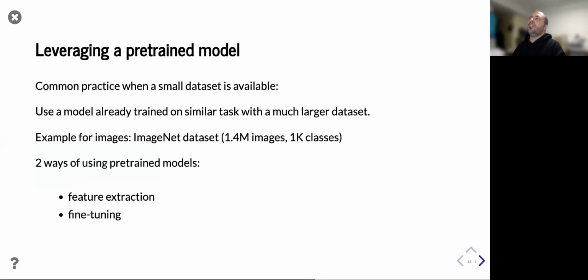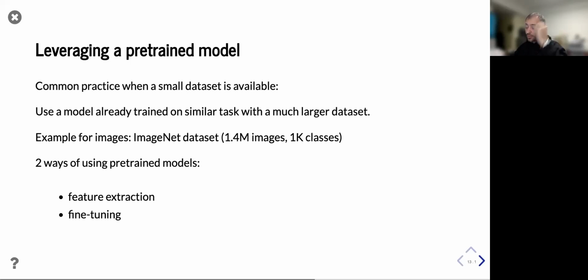This is a pattern that we use not only for computer vision, but for other kinds of data too, for example, for text. The common practice, when we have small data, is to use another model that is already trained on a similar task. It's important to be more or less similar, but on a much larger dataset.